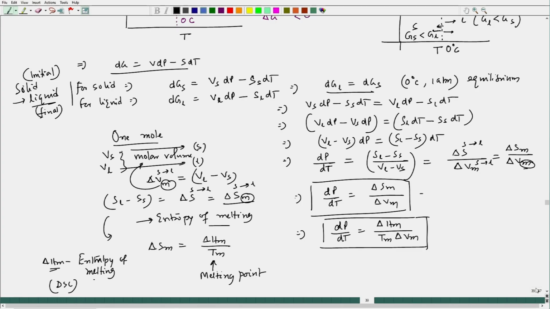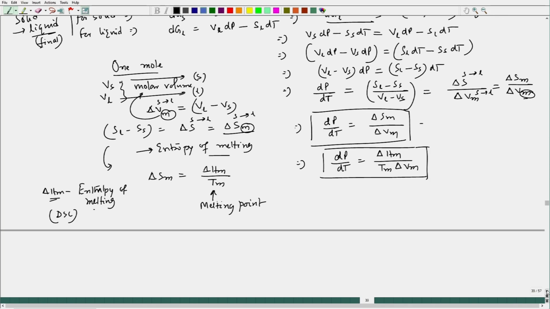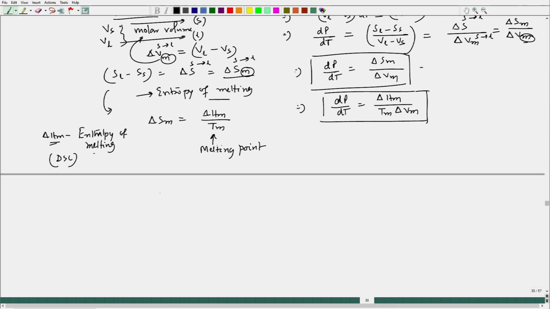So, in order to have a kind of similarity of other transformation character, similar type of transformation, I can write a generic equation. So, the generic equation would be dP/dT = ΔH transformation / (T transformation ΔV transformation).